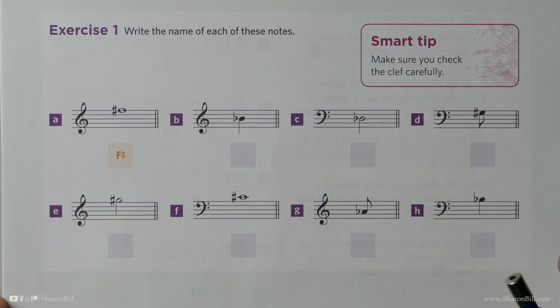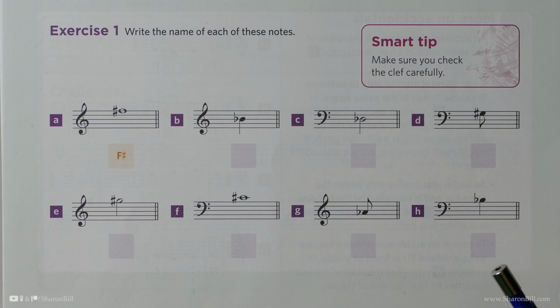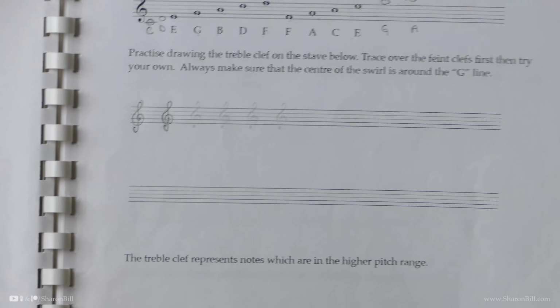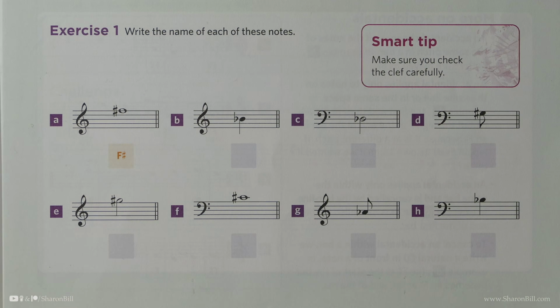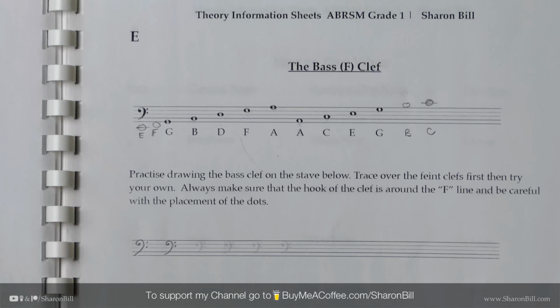So exercise 1. We have to name each of these notes. We've looked at pitch up until now, looking at note names in the treble and the bass clef, and you can either peek back to the previous section, pitch part 1, or you can refer to my PDF information sheets on my website just to refresh your memory of the note names of the treble clef and then the bass clef.